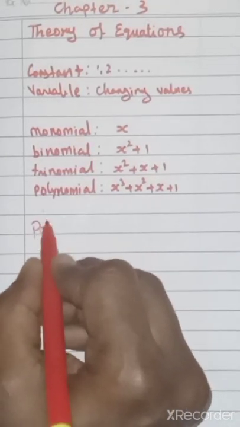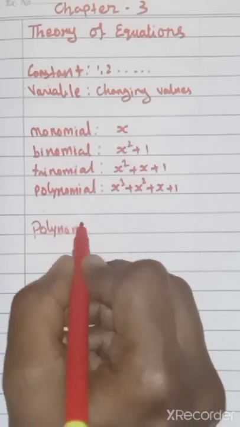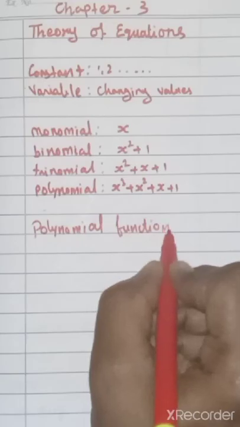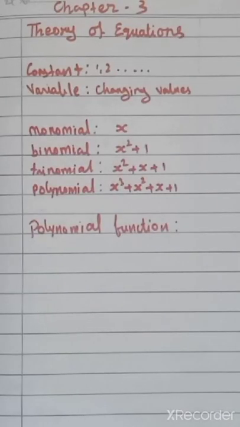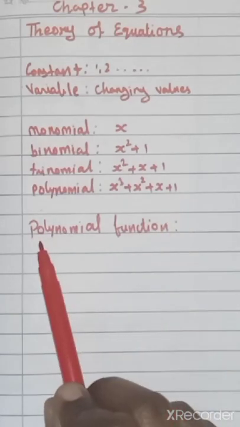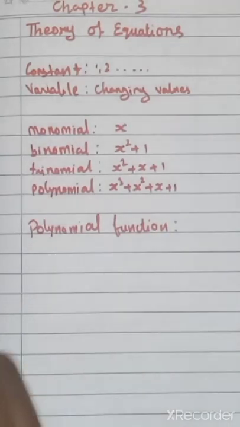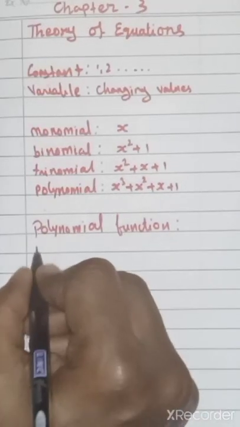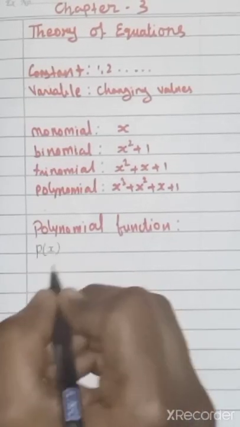So first I'll take polynomial function. What is meant by polynomial function? If we have more than 3 terms, then we can say it is a polynomial function. So how can we denote that polynomial function? This is your formula, this is your polynomial equation.